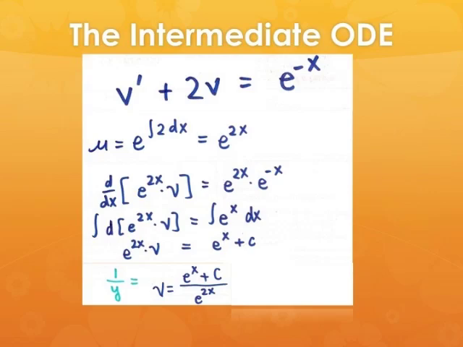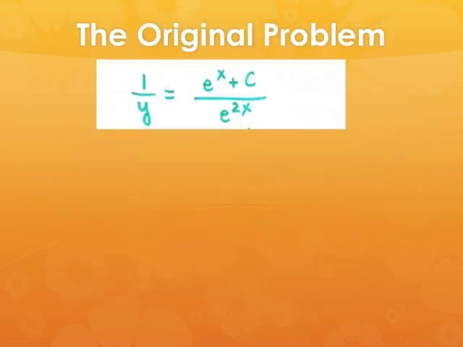And since we know that v equals e to the x plus c divided by e to the 2x, and it also equals 1 over y, we can just set 1 over y equal to e to the x plus c over e to the 2x. Therefore, that allows us to equate these two fractions, and then all we have to do is solve for y, and that'll give us the answer to our original example.